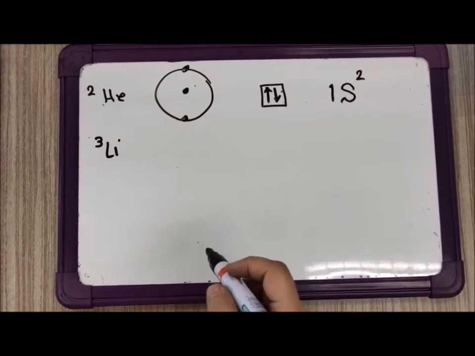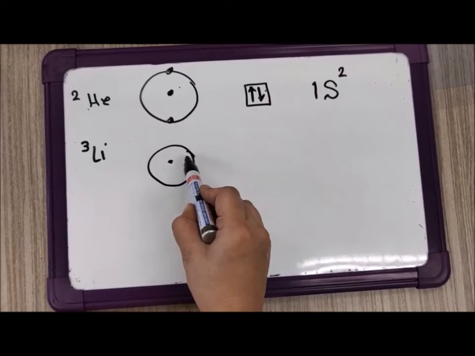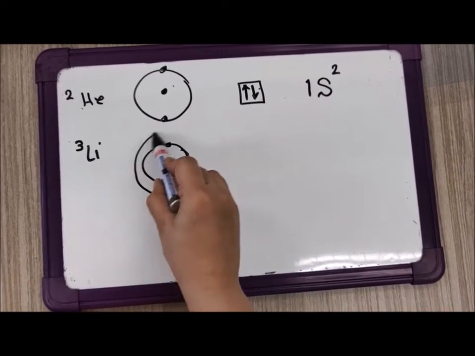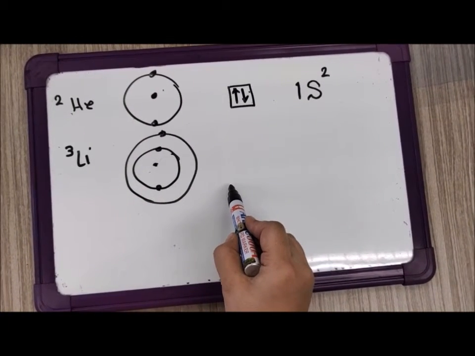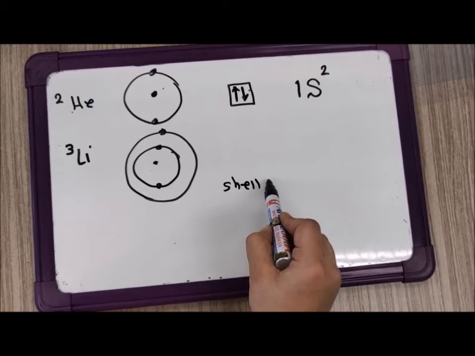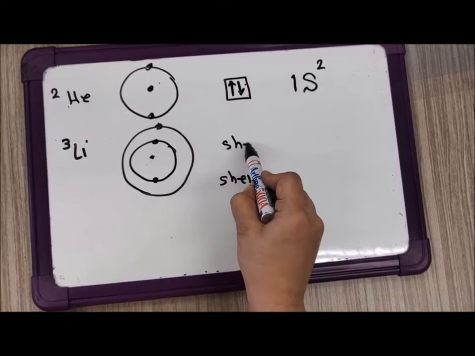Now, lithium has 3 electrons. 3 electrons means 2 electrons on the first shell, 1 electron on the second shell. So it has 2 shells: shell 1 and shell 2.